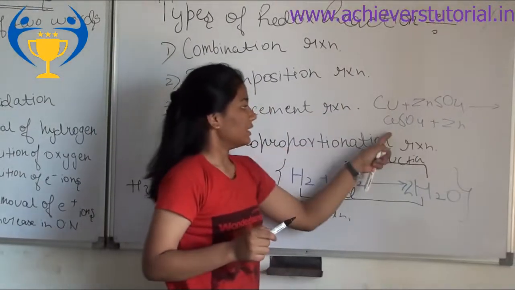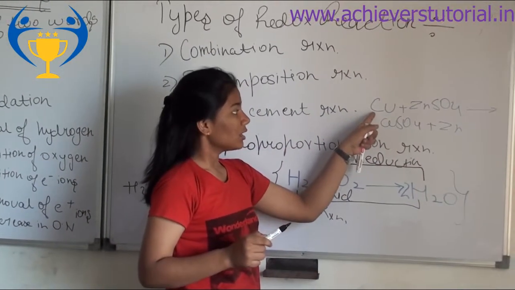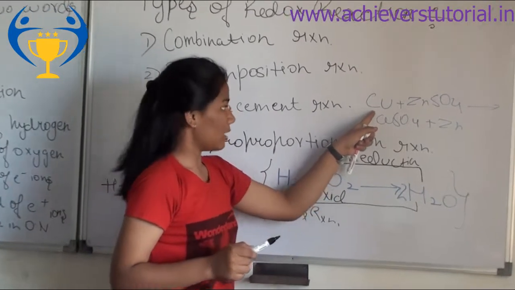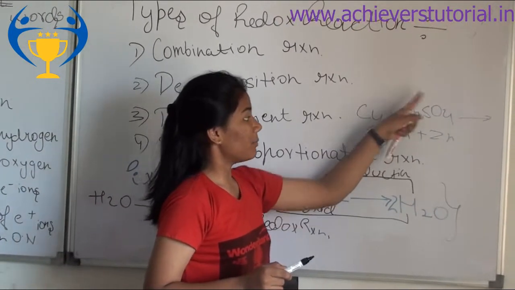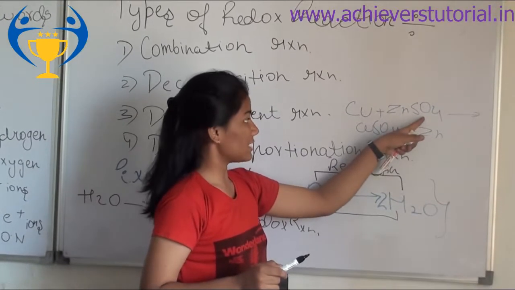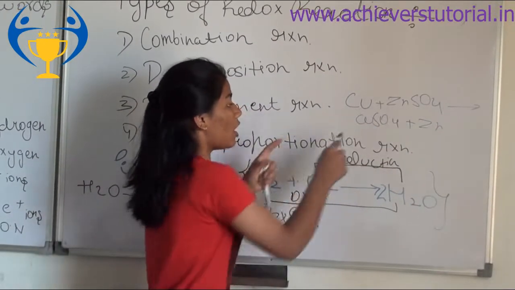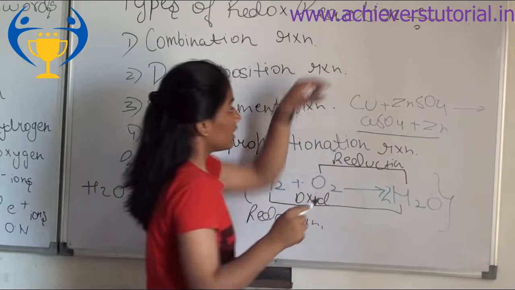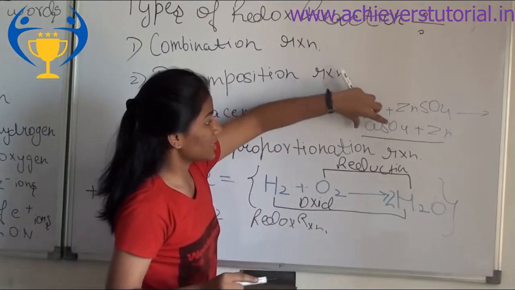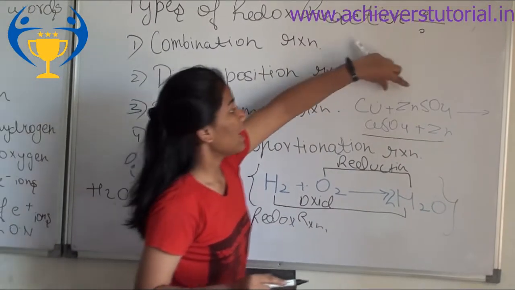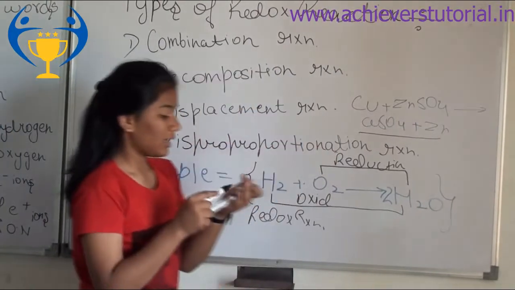In this example, Cu is singly present and Zn is combined with SO4. But on the product side, Cu is combined with SO4 and Zn becomes alone.